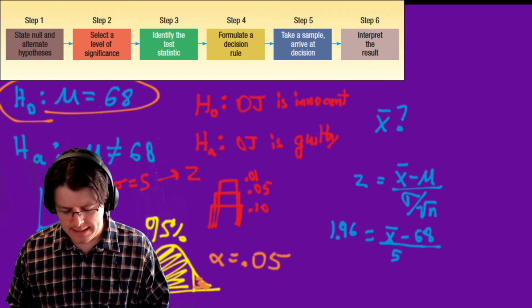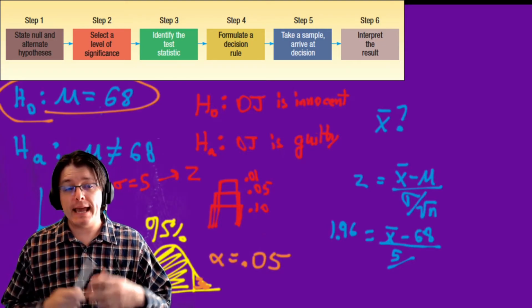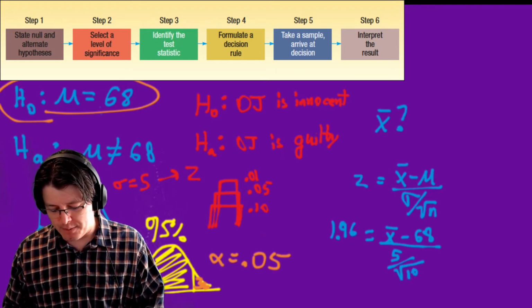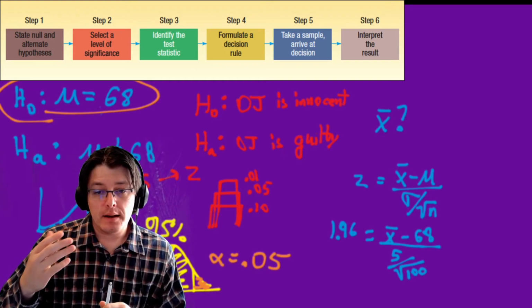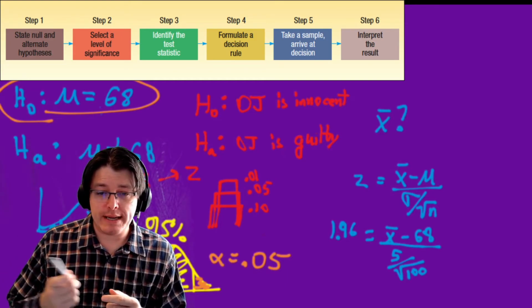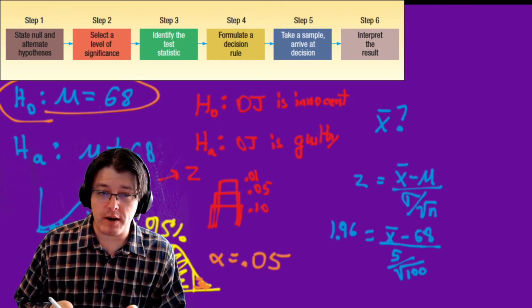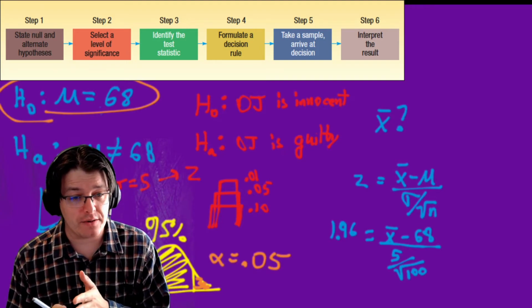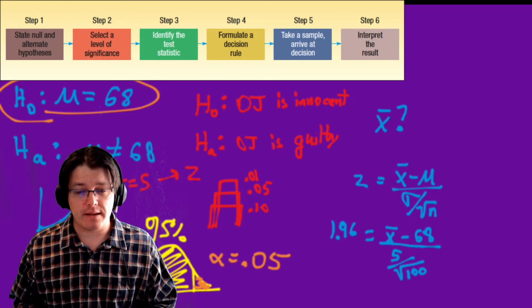And then lastly, we do need to know how big of a sample we're going to take. We haven't taken the sample, but we should be aware of what it is. So let's say we're going to sample 100 students. Now we can solve for x bar. This isn't going to be what our x bar is, but this is the cutoff value, what we refer to as the critical value, beyond which we're going to reject the null.